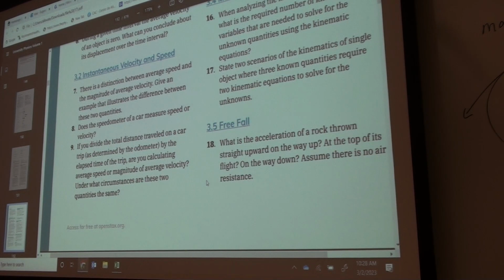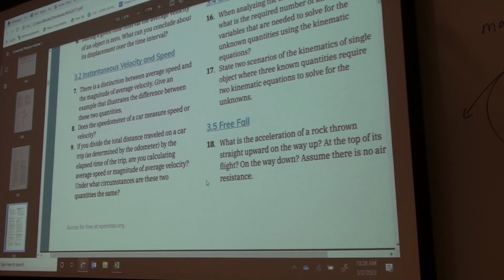So there is an acceleration. What is the value of that acceleration, the acceleration of gravity? 9.8. Would it be negative? Negative 9.8.